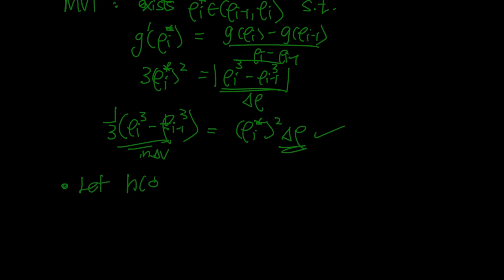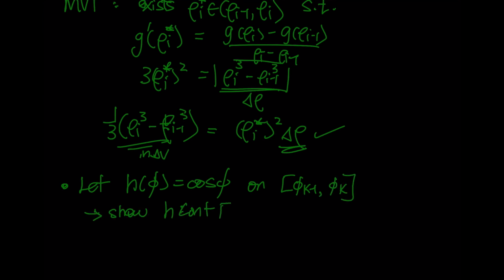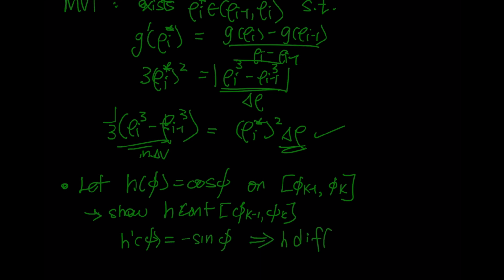If we let h of φ equal cosine of φ on this subinterval φₖ₋₁ to φₖ, our function h is continuous on this interval simply because it's a trig function. h prime of φ is negative sine of φ. This function h is differentiable on this open interval.